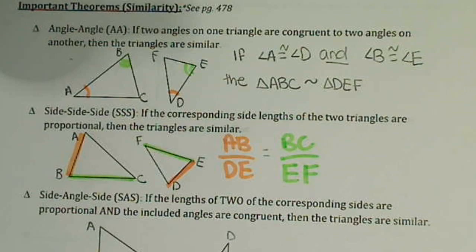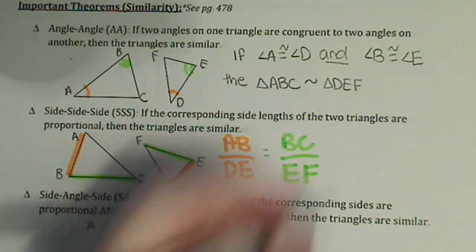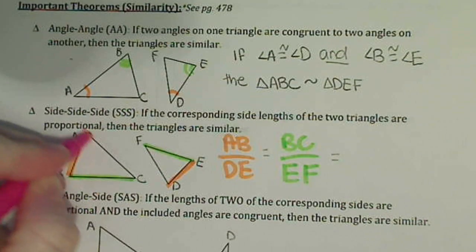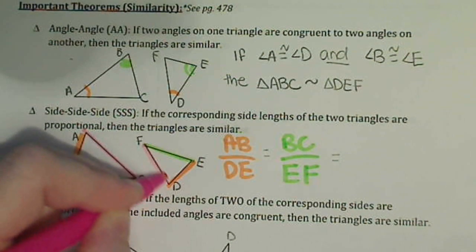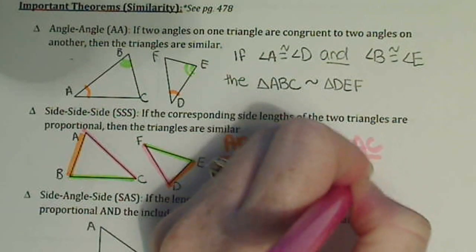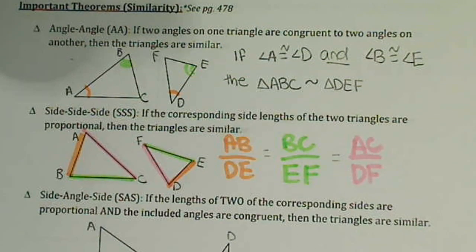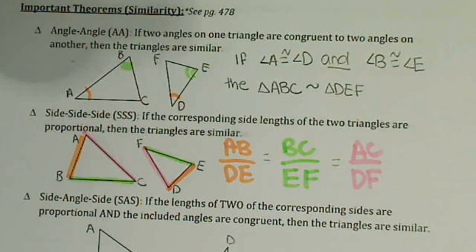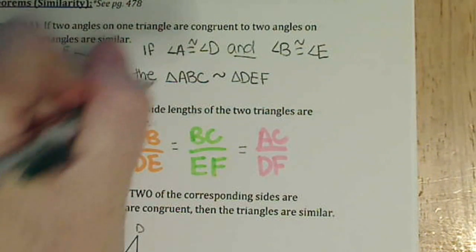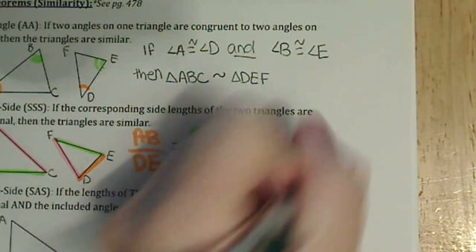Remember, we have side, side, side, so we need all three sides to be proportional to each other. So we have AC and DF. If that is true, then we can say our triangles are similar.